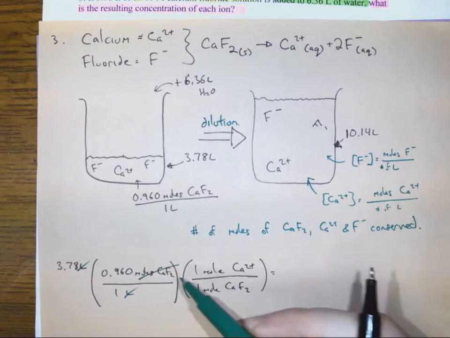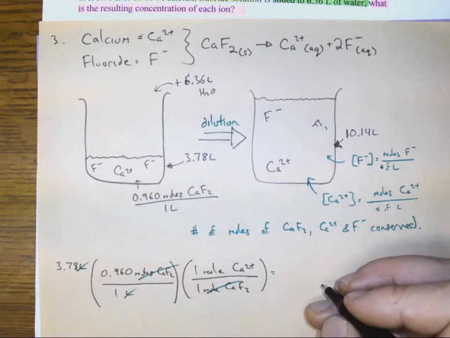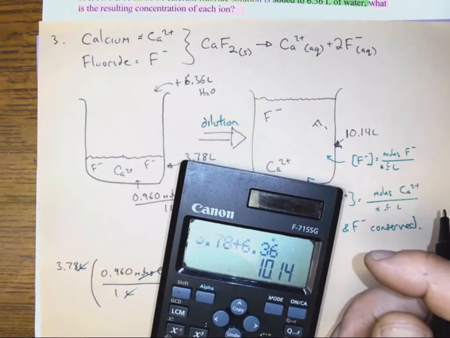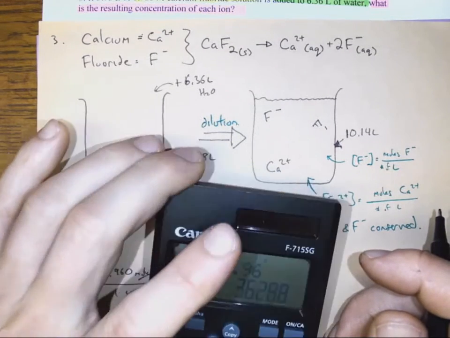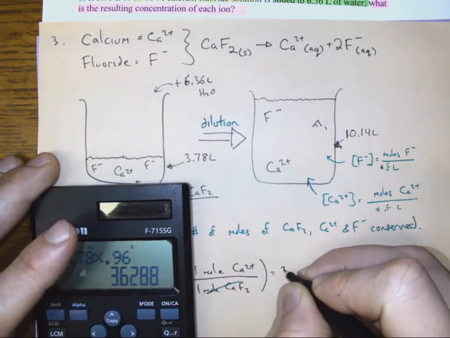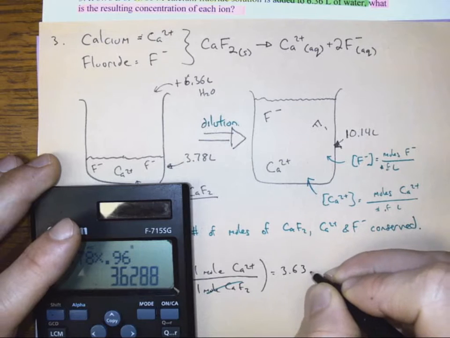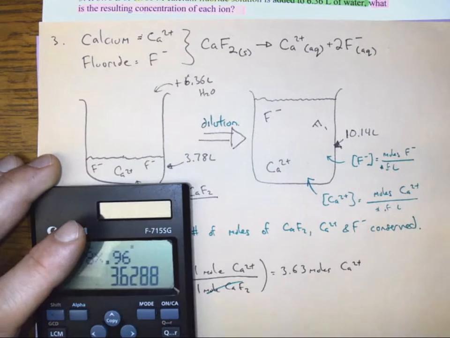And so to find the number of moles of calcium, I just have to multiply across. I get 3.78 times 0.96 and times 1 divided by 1. So I end up with 3.63 moles of calcium ions.